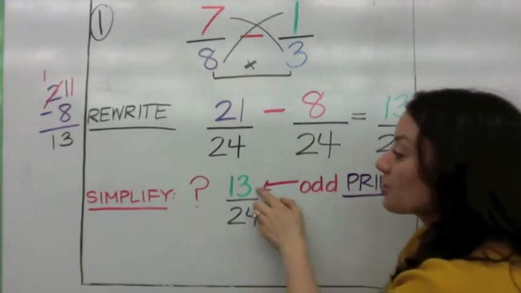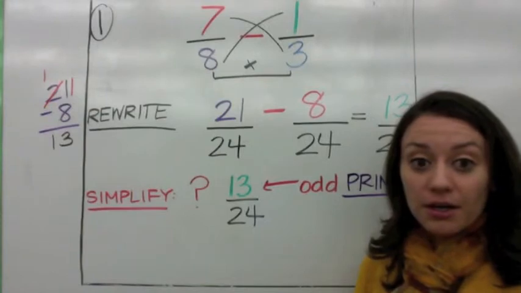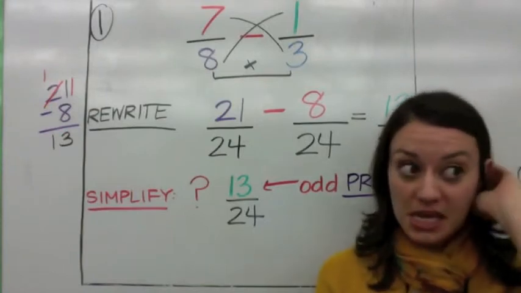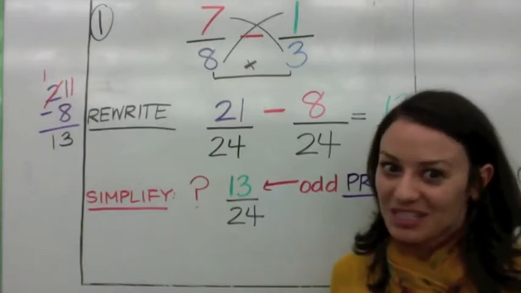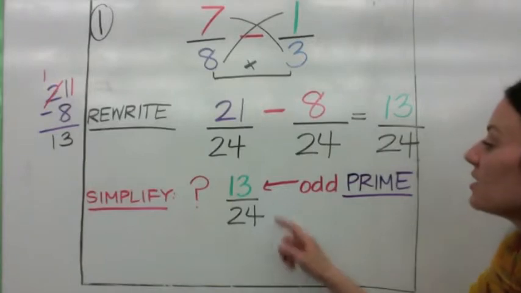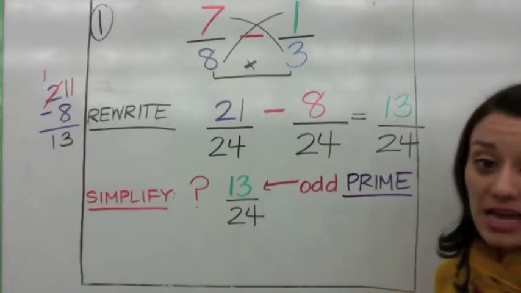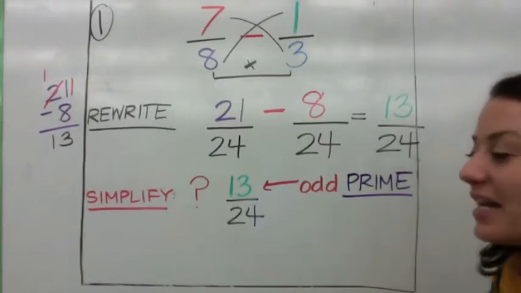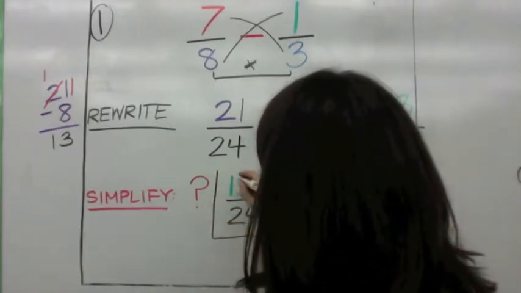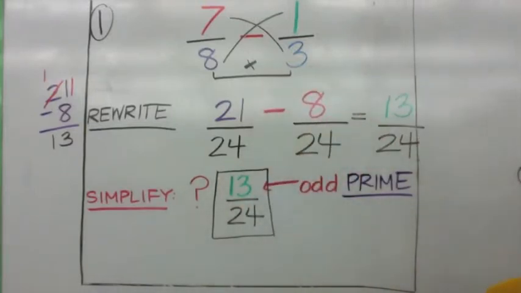So is 13 a number on the multiplication chart? Can you think of any two numbers that would multiply to give you 13 besides 1 times 13? So if that's the case, because this is prime and this is 24, you cannot divide 13 by any number, okay, besides 1, and therefore it is already in simplest form. Go ahead and write that down.